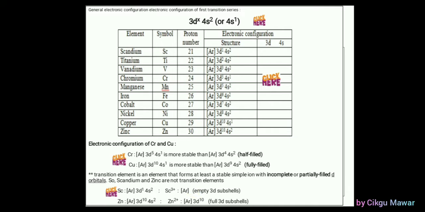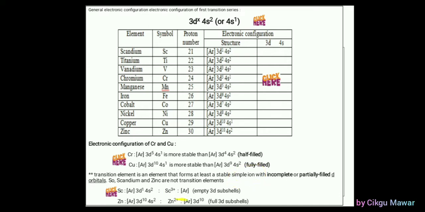So we can see the 3d subshell for the scandium ion is empty. This doesn't follow the definition of a transition element, which must have an incomplete or partially filled d orbital when it forms a simple ion.